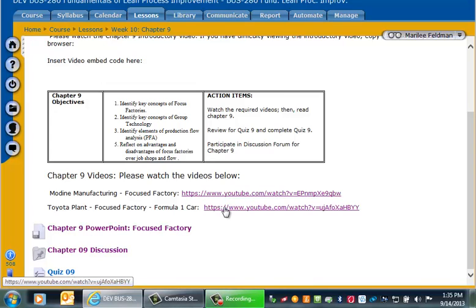Next, I'll have you watch the Toyota plant and then move through your chapter. In your chapter, it will explain the difference between process and product layout, product families, and focused families, and then you will be able to take your quiz and complete your discussion questions.